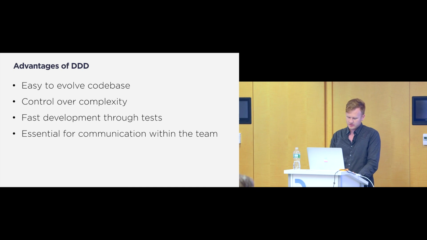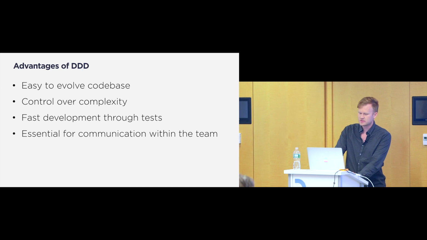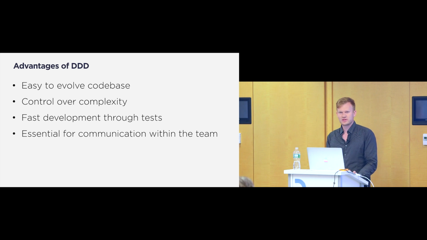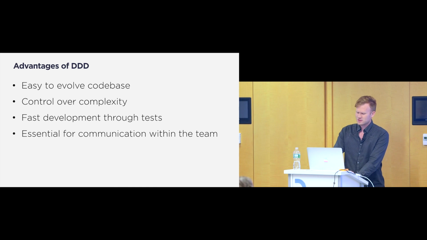And another thing that it brought to our team was an essential language to communicate about any business logic related issue. Because before we adopted domain-driven design, we didn't have a language to express how things should be done. And people were usually saying, oh, that should live in the business logic layer.